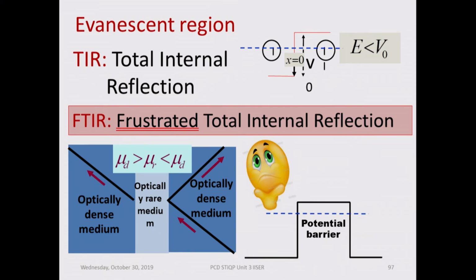There are other similar phenomena which need to be understood. You can have total internal reflection depending on at what angle the incident wave meets the interface. But then you also have frustrated total internal reflection, and all of these are very interesting phenomena which one can consider.